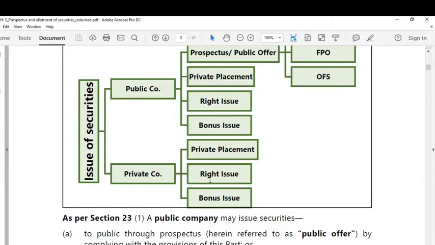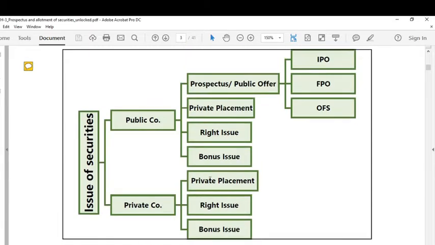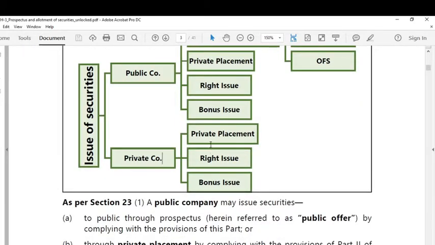You all know that a private company cannot offer shares to the general public. So a private company has certain restrictions with reference to offering of shares. In the case of a public company there are four modes; in the case of a private company, there are only three modes of issuing securities.